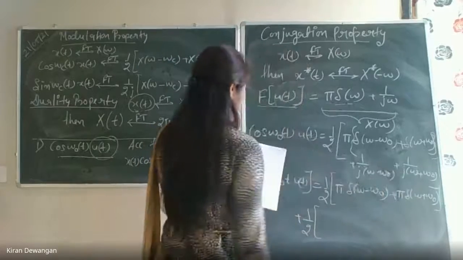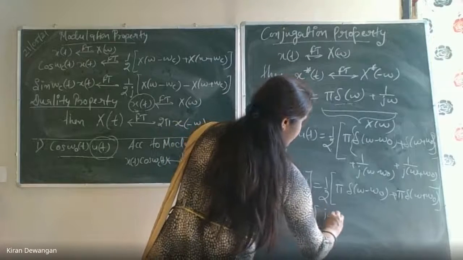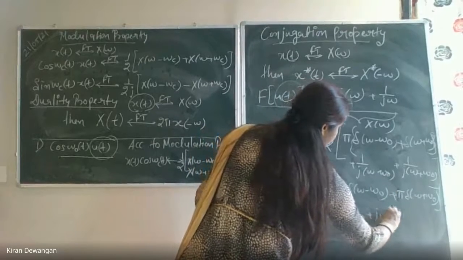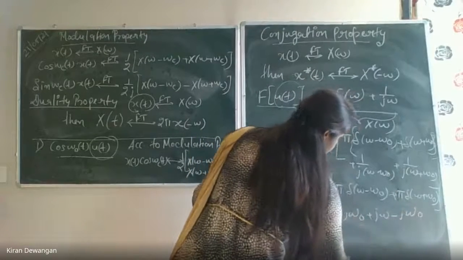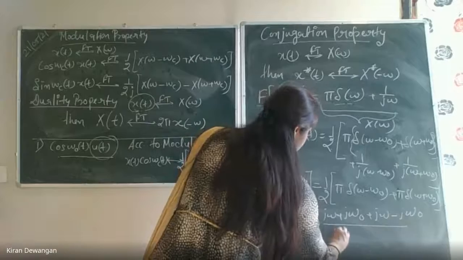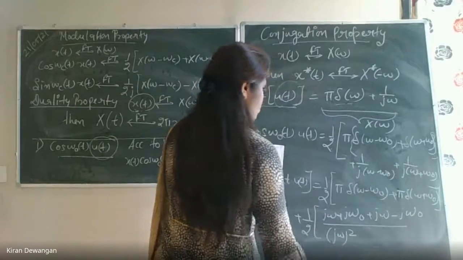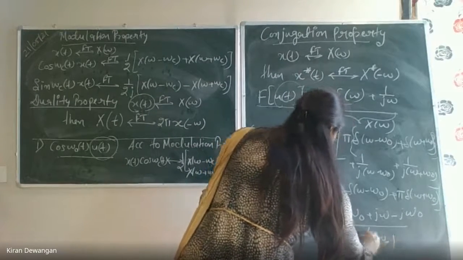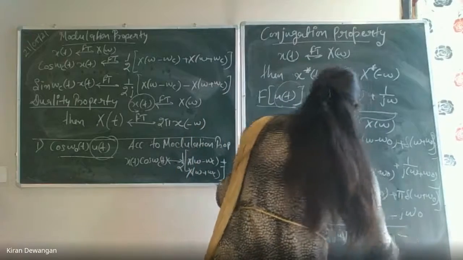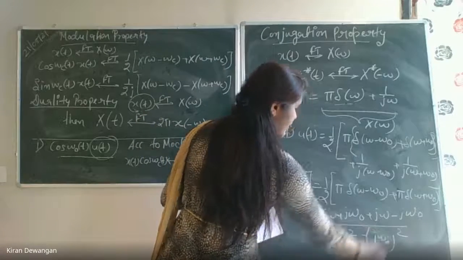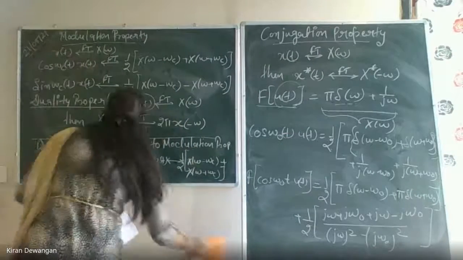Solving this one, this will be j omega plus j omega naught on top, plus j omega minus j omega naught, by, when this gets multiplied, this becomes j omega whole square minus j omega naught whole square. So that is j omega whole square, and that will be j omega naught whole square.